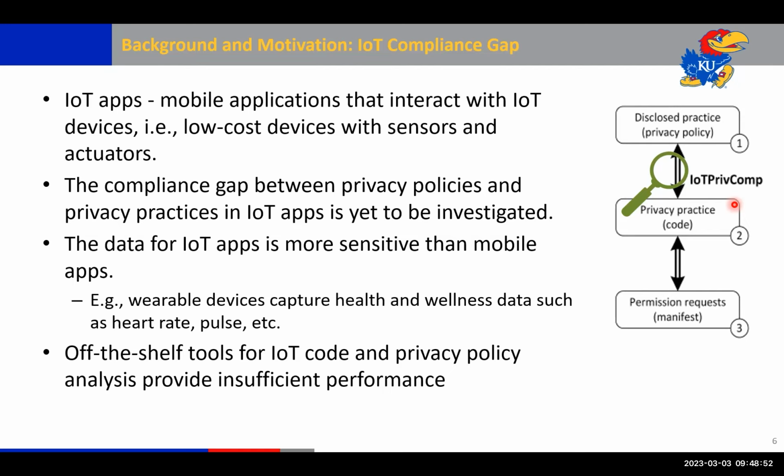Is it revealing your information to third parties without you knowing? This is what we study in this study, IoTPrivComp. Also, the off-the-shelf tools for checking compliance were insufficient for IoT apps because they were checking mobile apps and web apps, so they had to be modified to work with the IoT apps.